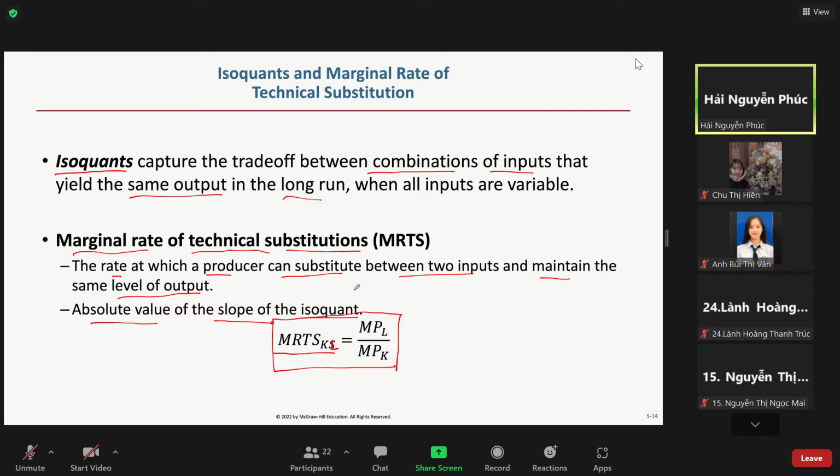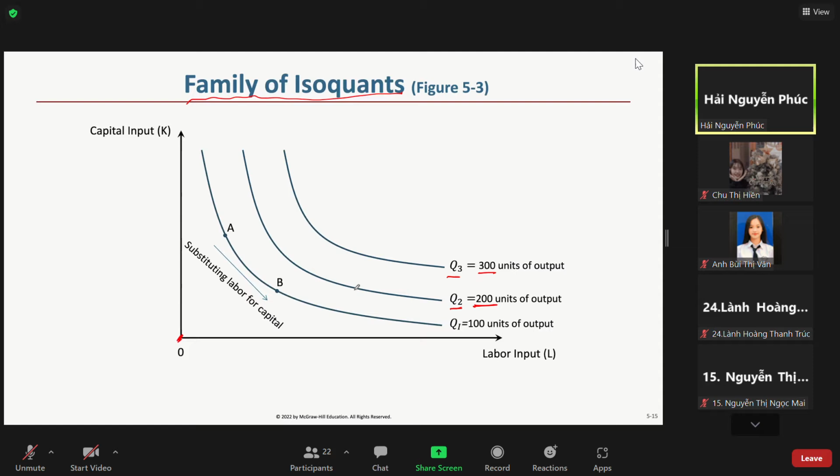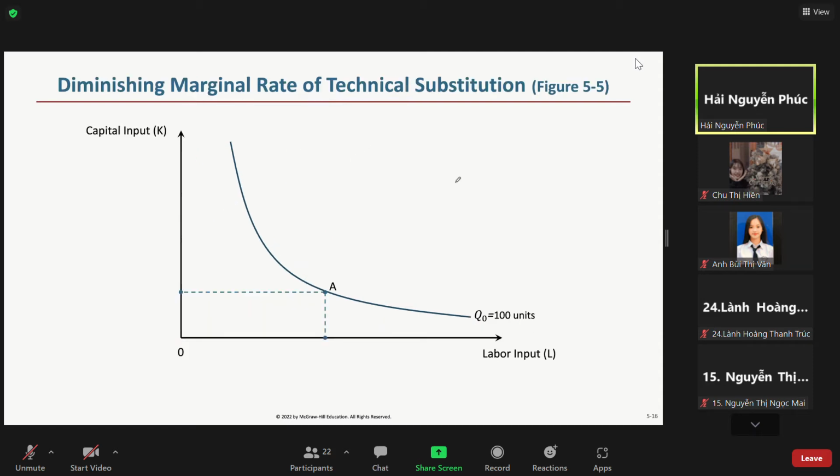Okay, now let's take a look at the graph and explain it graphically. All right, we have the MRTS KL, right, is the absolute value of the slope of the isoquant.